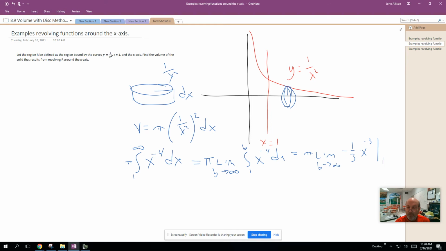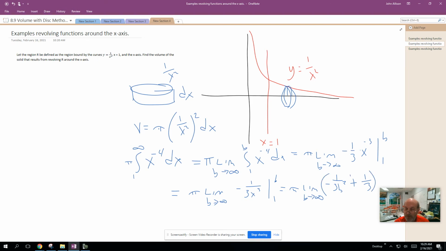And that's evaluated from 1 to b, which is the same as pi times the limit as b goes to infinity of negative 1/(3x cubed) from 1 to b, which is pi times the limit as b goes to infinity of negative 1/(3b cubed) minus negative, so I'm going to put plus, 1/3, because 1 cubed is 1.